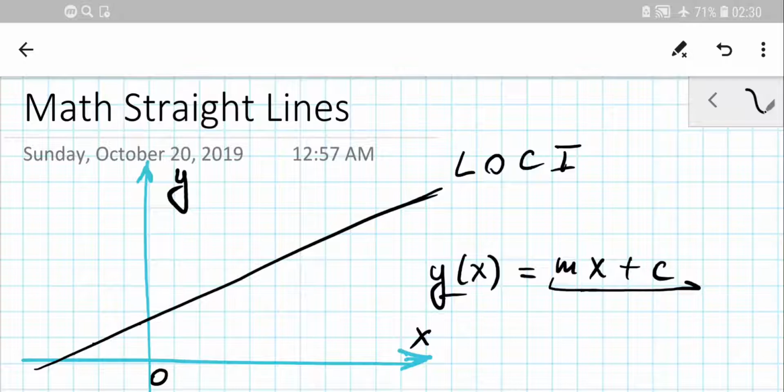Now it's time to understand how it works, what each coefficient, m and c, is responsible for, and also we'll try to use an equation to build the line. Okay, let's get started.